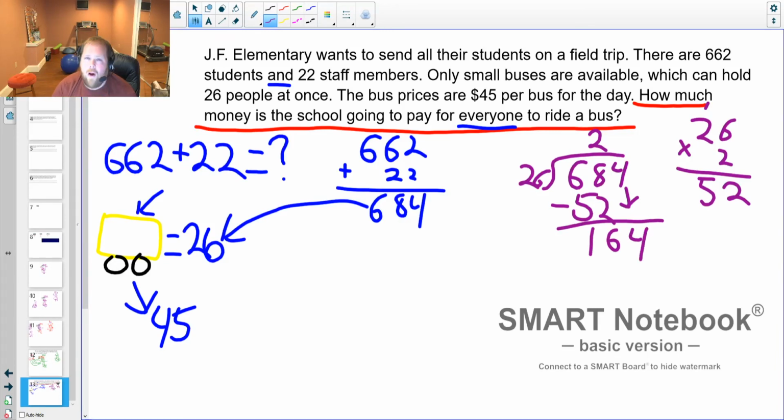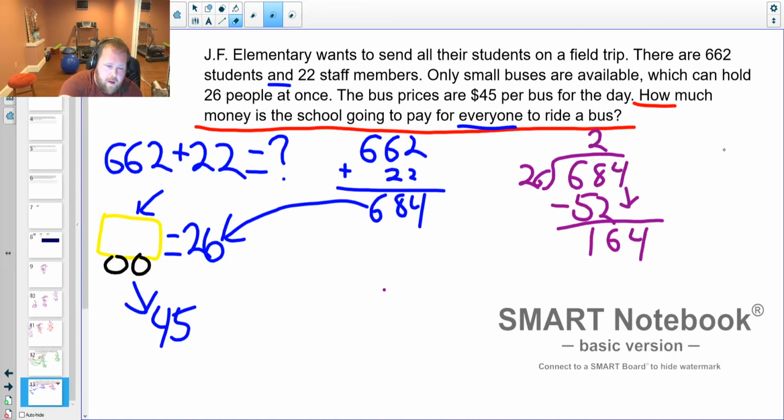164. All right. So I know that 26 is very close to 25. 164 is close to 150 again. So 25 times 5, I know, is 125. 25 times 6 would be 150. I'm going to try 6. I'm going to clear this up again.